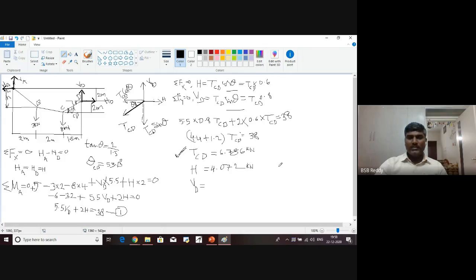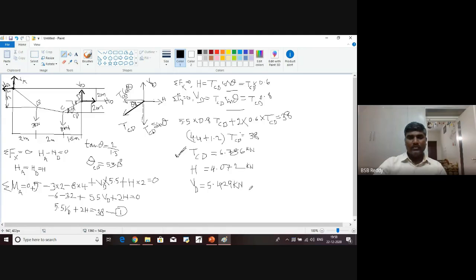VD is nothing but TCD into 0.8. So 6.786 into 0.8 is 5.429. It is actually 5.4288. So I have rounded it off to 3 decimal places.